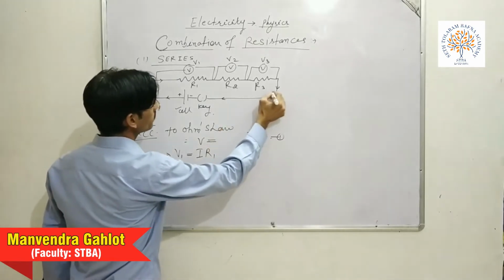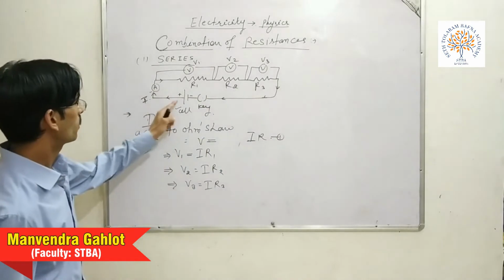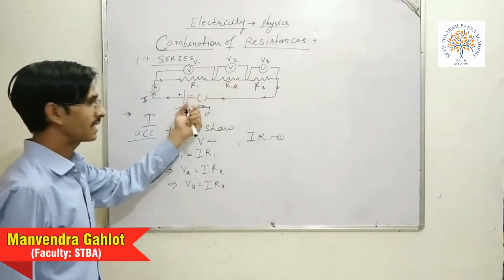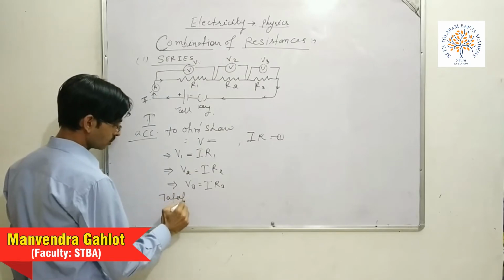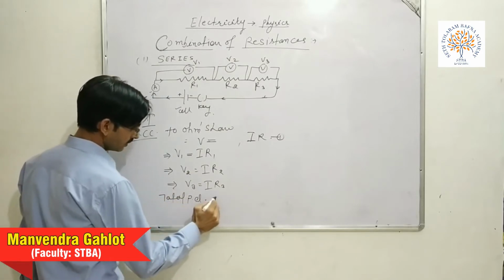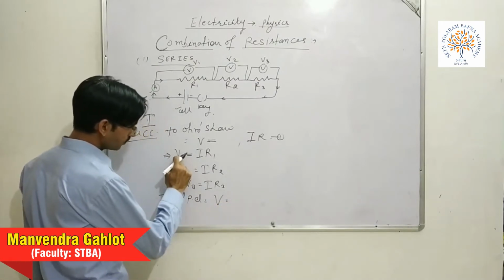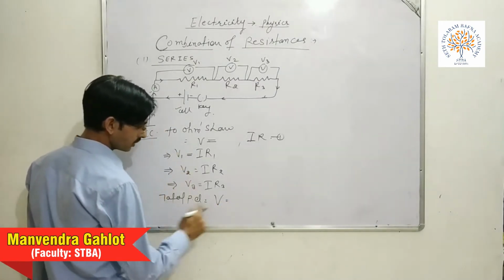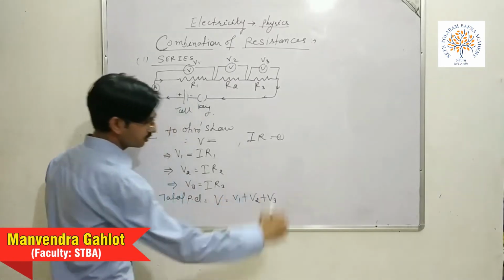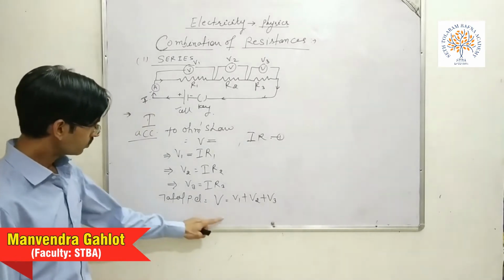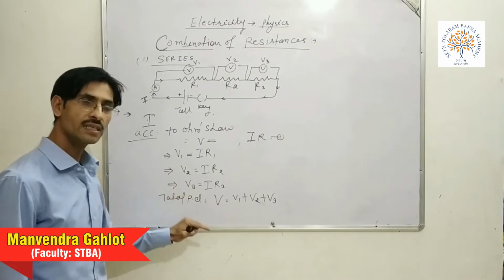Finally, when the current I is passed through these three resistors from the positive terminal to the negative terminal, the total potential difference equals V. So what is V? The sum of V1, V2 and V3. V1 plus V2 plus V3. Now put the values of V1, V2 and V3.